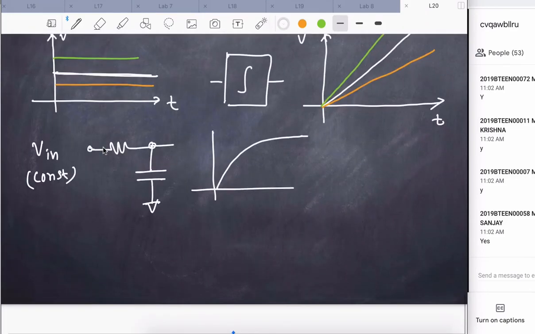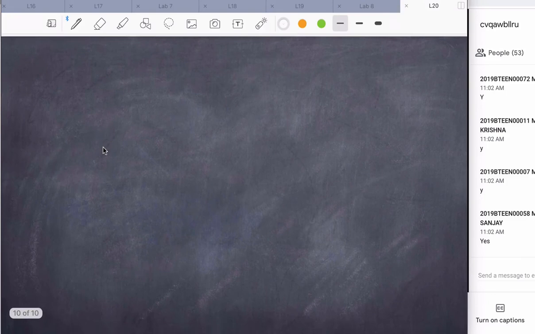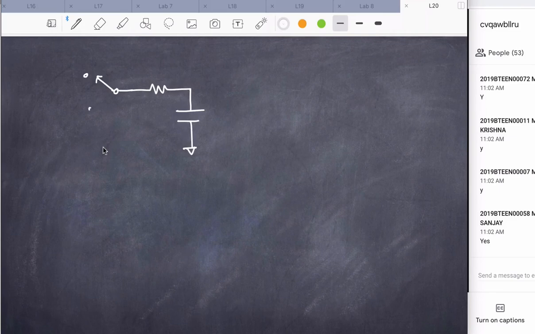Suppose I take a simple RC circuit, and then I connect a switch and I connect a battery here, and then I connect this to ground.